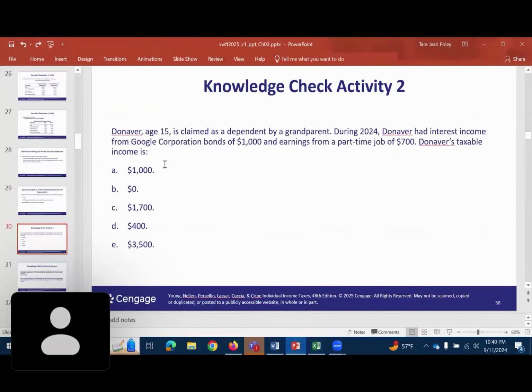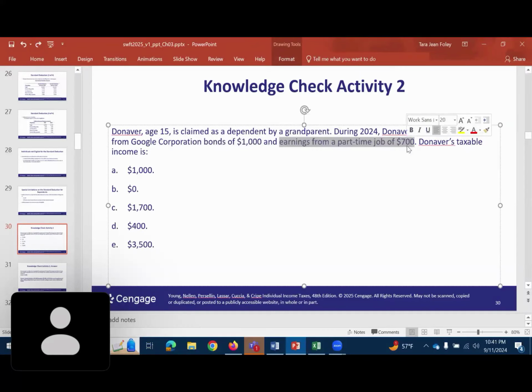Donovan, age 15, is claimed as a dependent by a grandparent. During 2024, Donovan had interest income from Google Corp bonds of $1,000. We don't care about that because that's non-earned income. And earnings from a part-time job of $700. So 700 plus 450 is $1,150. His taxable income is what?